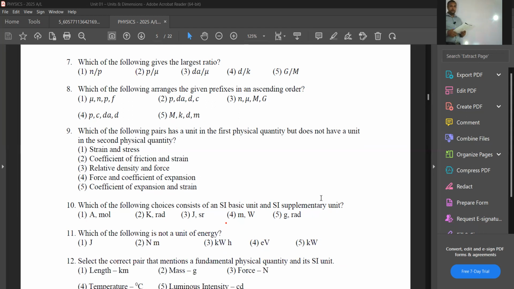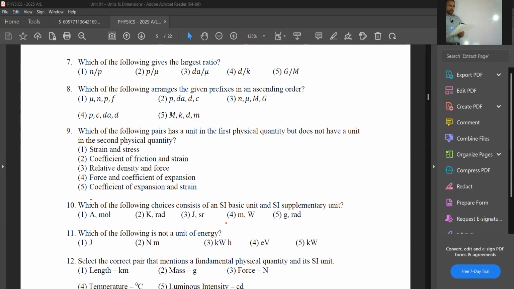What is the answer for question number 9? Yes, the answer is equal to 5.